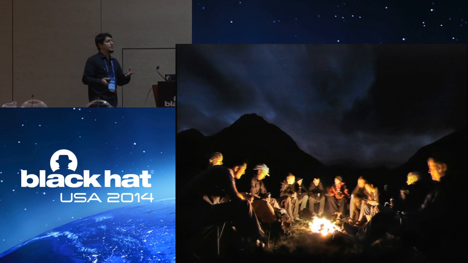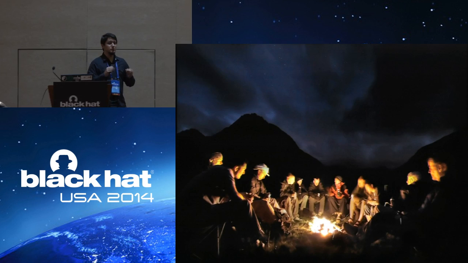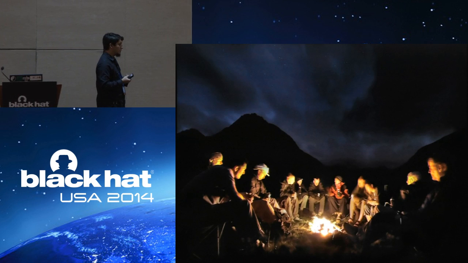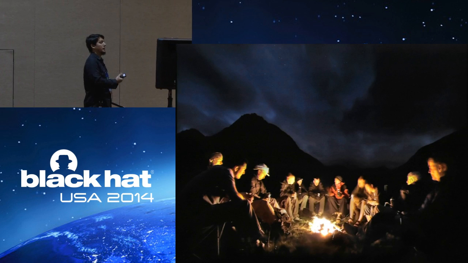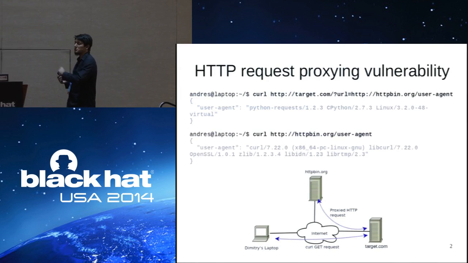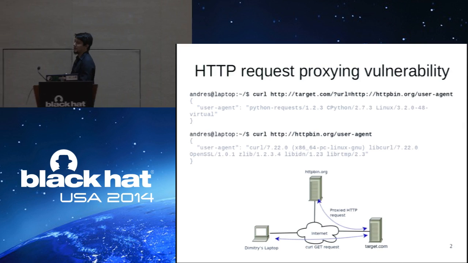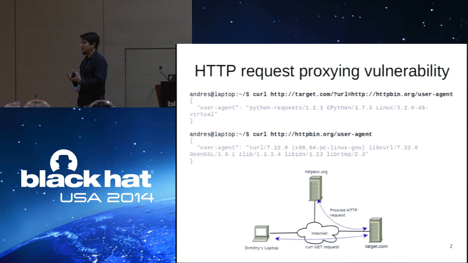So let's get started with the first thing that I found, the first vulnerability, and the only one that's not related with a misconfiguration in Amazon. I found this very simple vulnerability. This is an HTTP request proxy vulnerability.